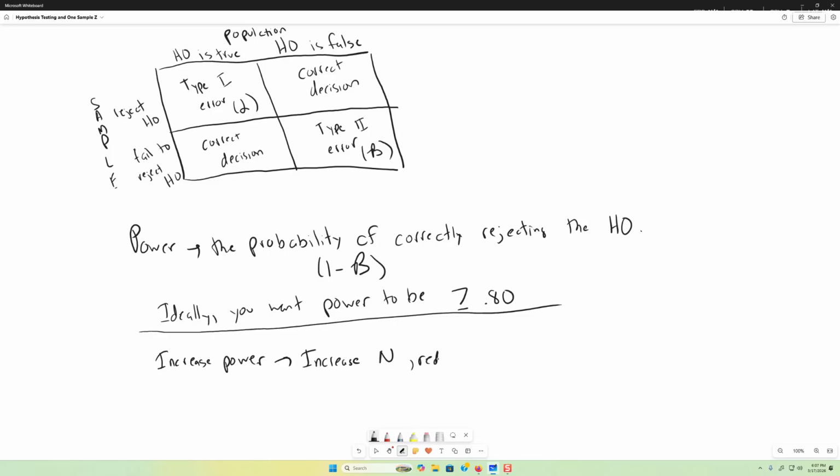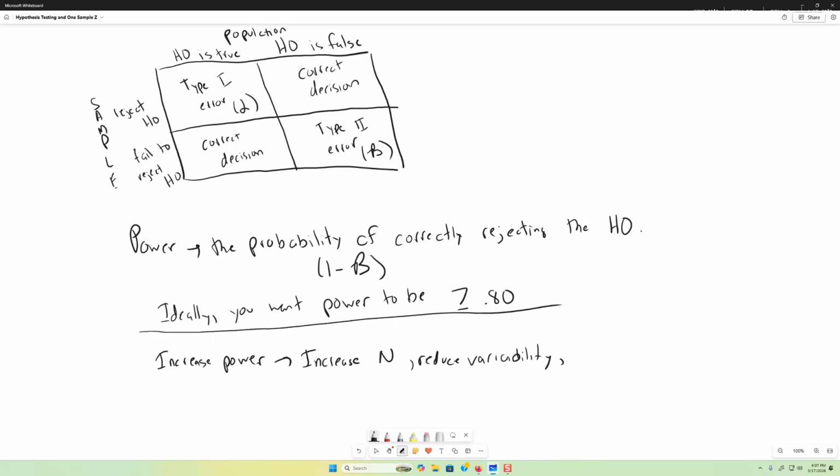Reduce variability. That's a lot harder. Can you reduce the variability? You can, but it's difficult because measuring something in psychology is not like measuring things in physics or chemistry. There's a lot of variability when we take a measurement of pretty much anything.